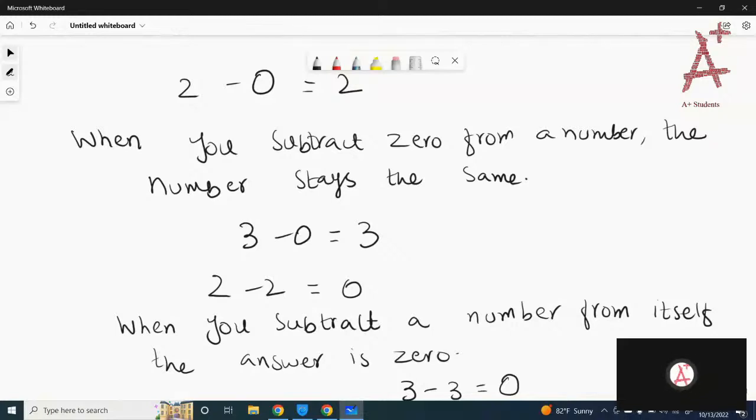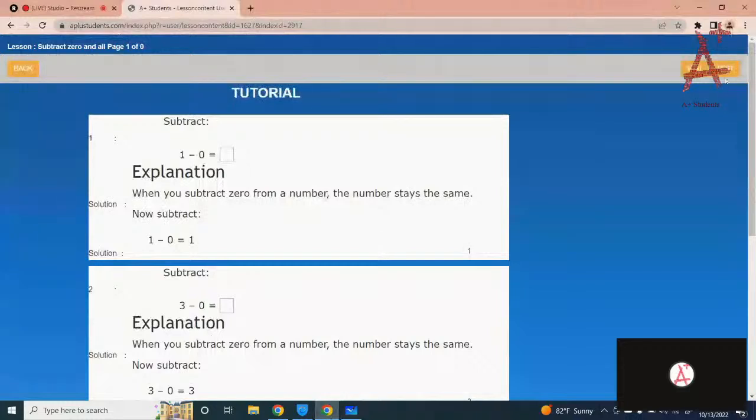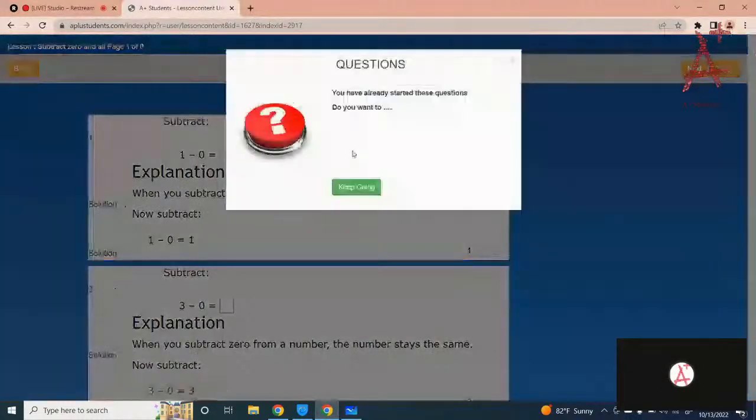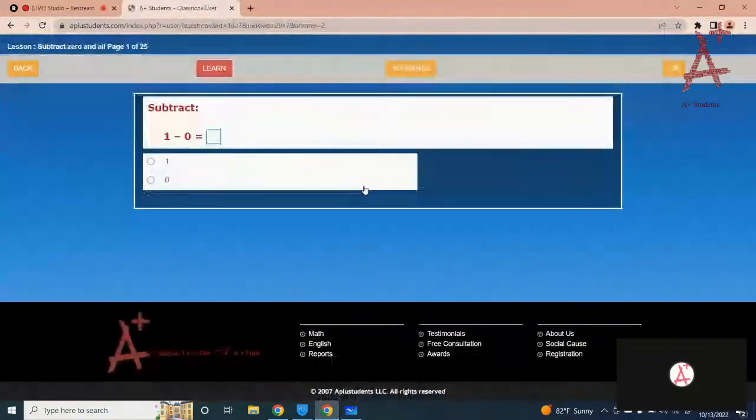Okay, let's start with the test so that we can do some of the practice questions. Okay, here we have a test. Okay, 1 minus 0 equals.